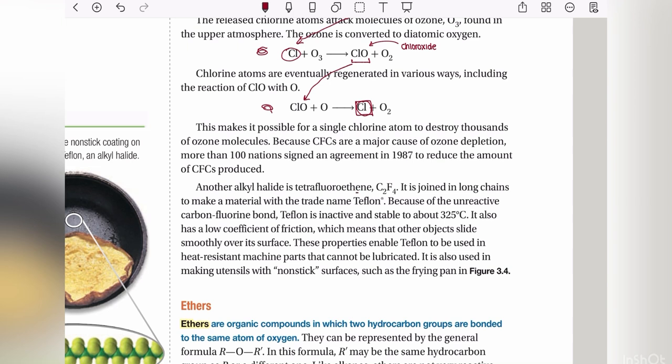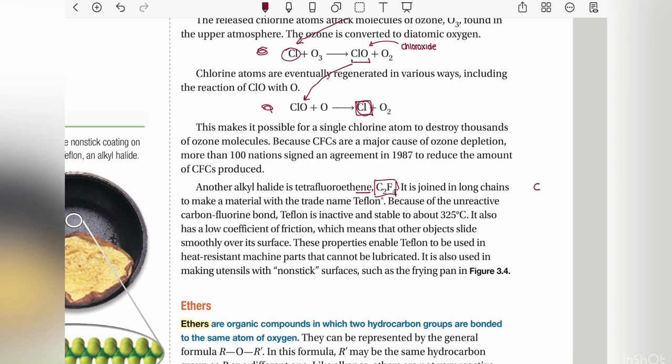First off, we see the ending -ene, so it's an alkene. So we're looking at a compound with at least one double bond. Then tetrafluoro indicates that there are 4 fluorine atoms, and we can also see that from the molecular formula.